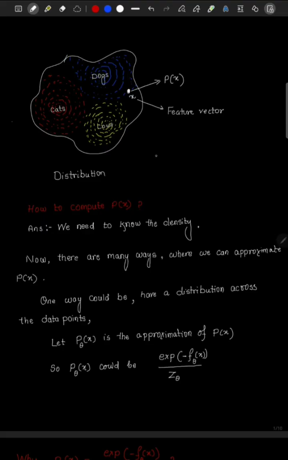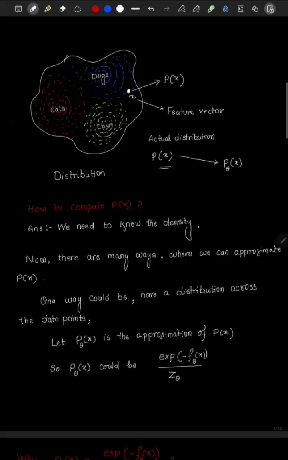For the approximation part, let's say P of x is the actual distribution. We need to approximate it with some parameter theta, which will give a probabilistic value that is very close to its actual value, that is P of x.